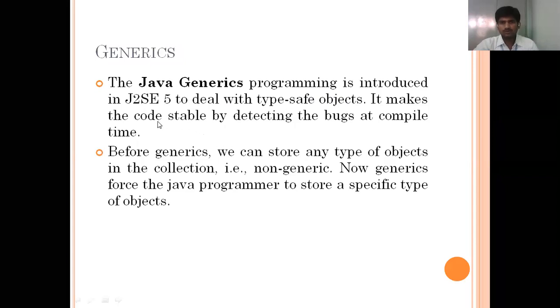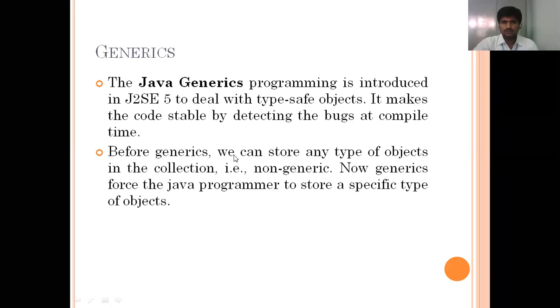It means the code is stable and detects the bugs at compile time. Before running a program, while compiling itself, we have to conclude what type of errors are there. So here we can call it type safety. Type is nothing but a data type. What type of data type we are going to be compiling. That is type safety.